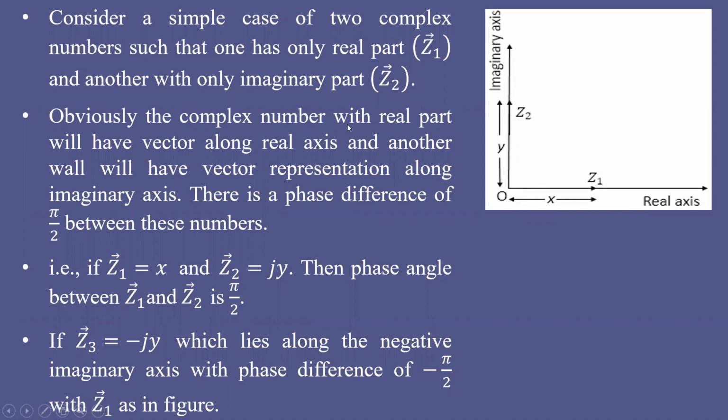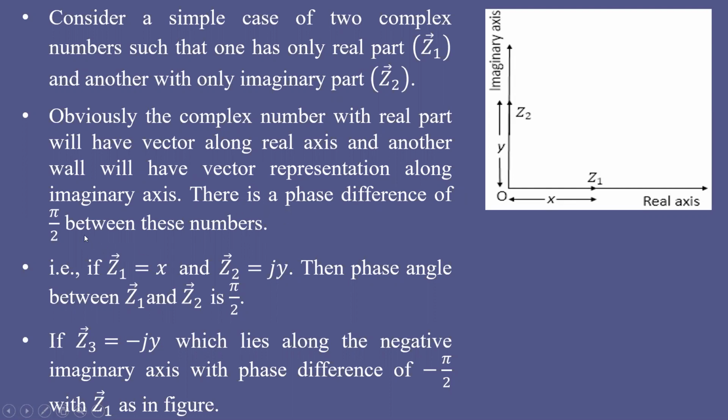Obviously, the complex number with real part will have a vector along the real axis because Z1 is having only real part, so no complex part or no imaginary part. Definitely it will be represented on the real axis. And the other one will have vector representation along the imaginary axis. So Z2 will be represented on the imaginary axis.